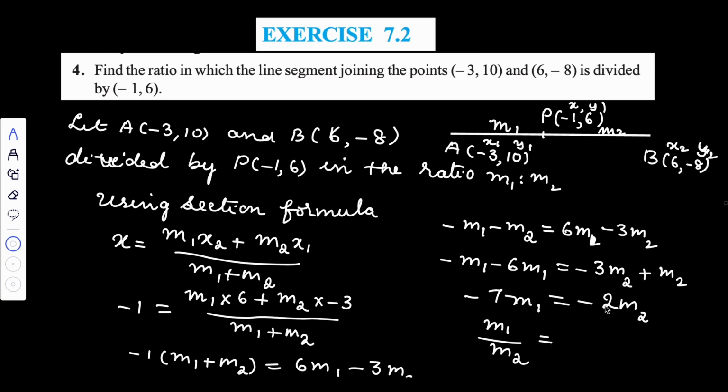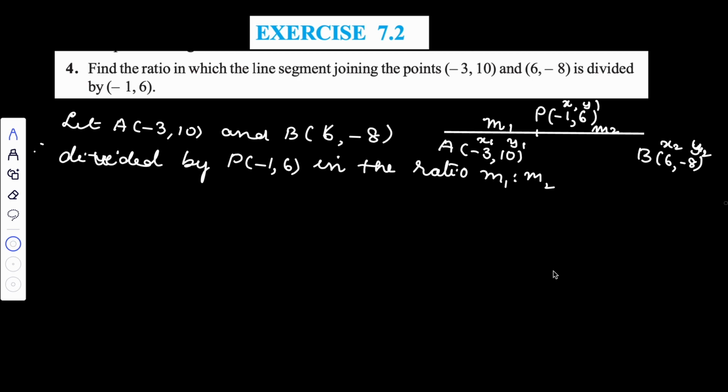Now be very careful. m1 is here, bring m2 to the other side: m1 divided by m2 is equal to -2, take -7 to the other side. Both the minus signs will get cancelled. We get m1 is to m2 is equal to 2 is to 7. Now we have the ratio m1 is to m2 is equal to 2 is to 7.